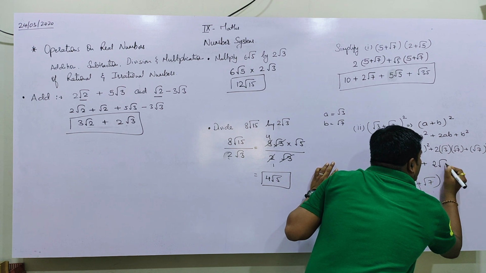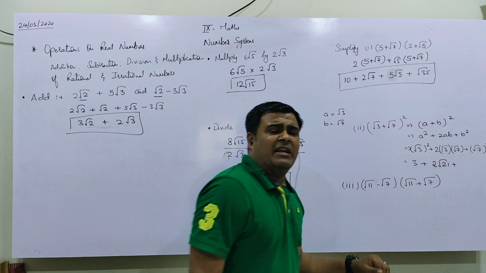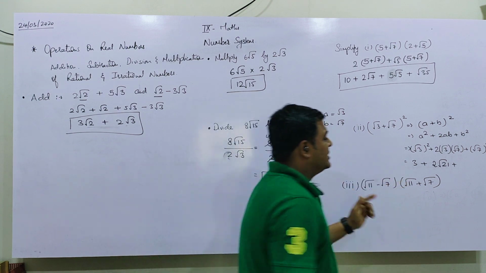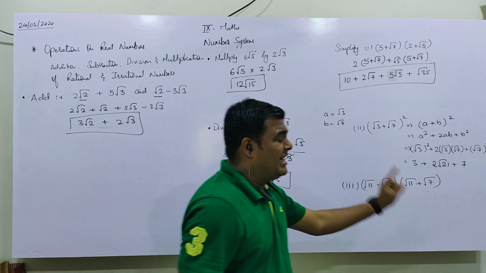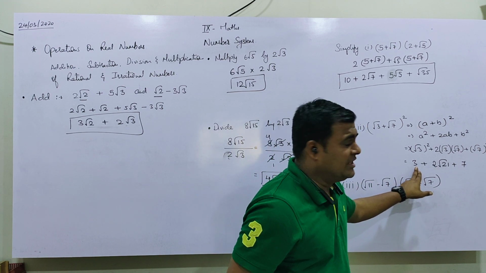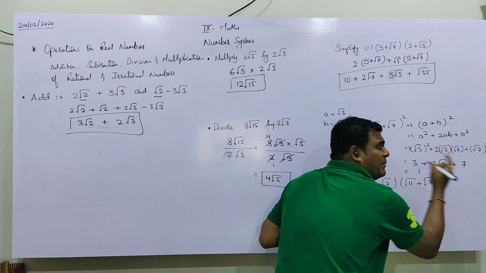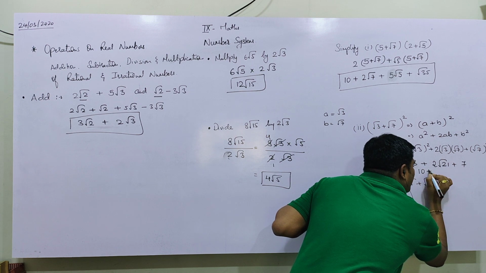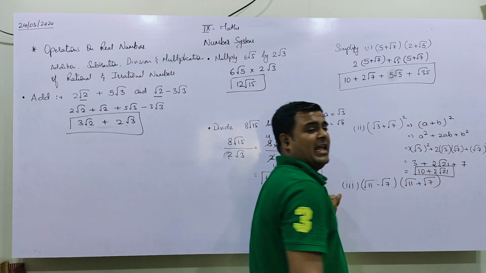So 2 root 21 plus we have again root 7 the whole square, which becomes 7. Now we have two rational numbers and one irrational number. 7 and 3 are rational numbers, so addition is possible. 7 plus 3 is 10 plus 2 root 21. This is our final answer.